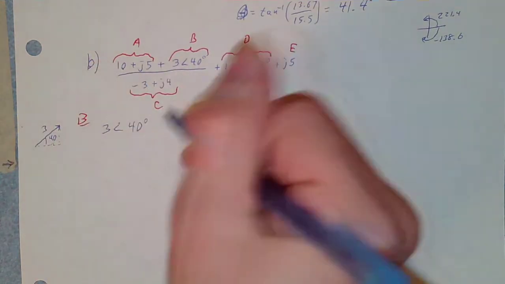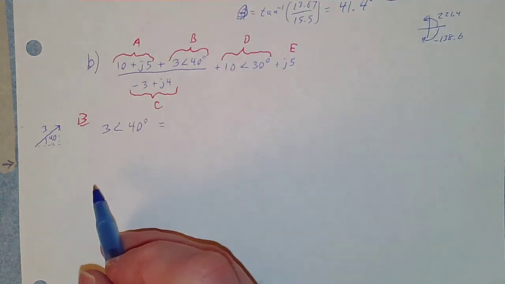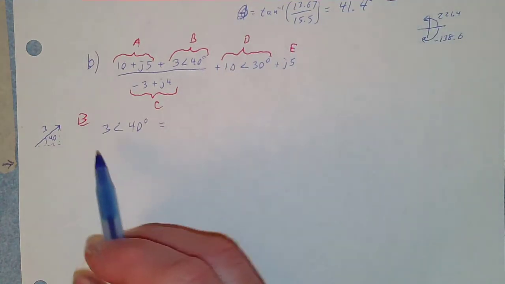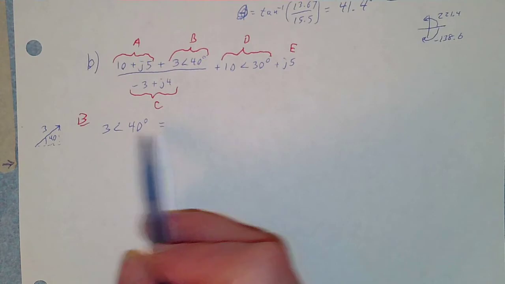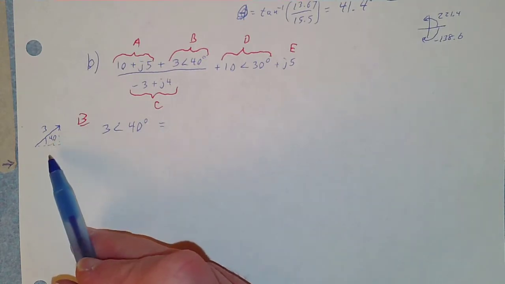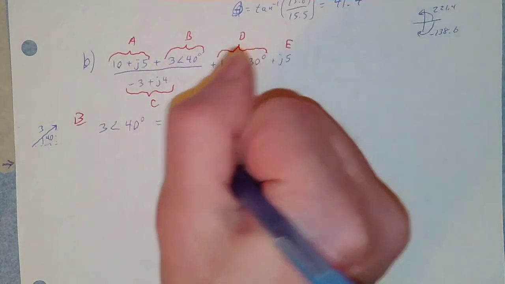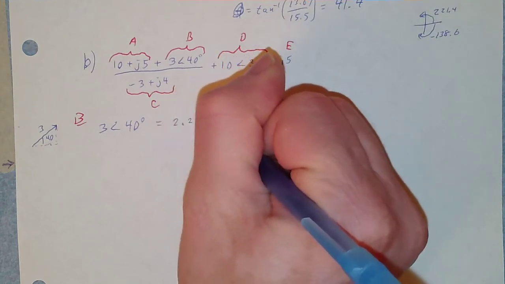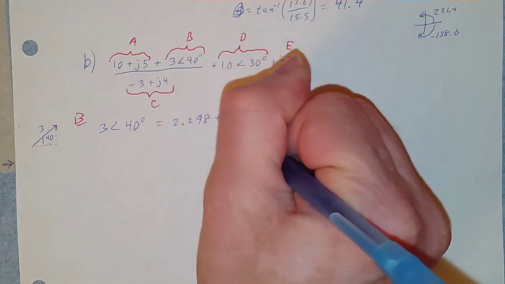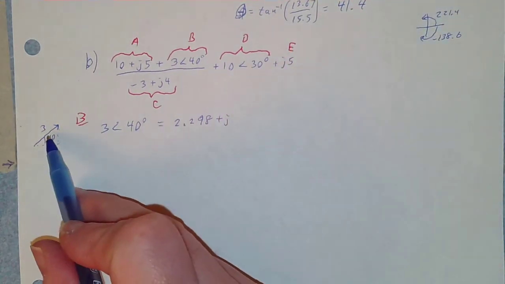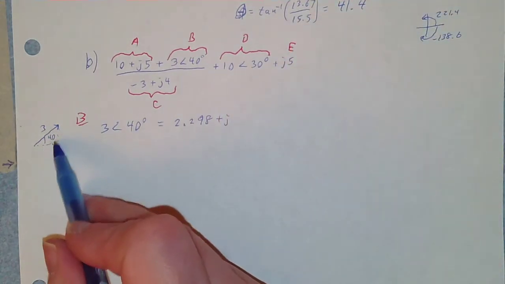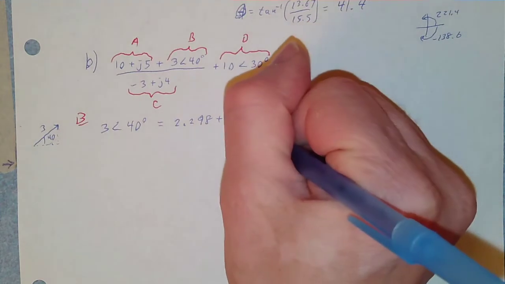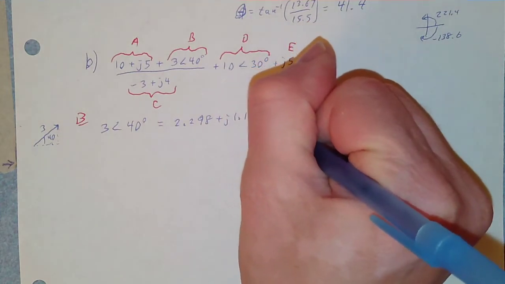For the x component, we're going to have 3 cosine 40, so we've got 2.298, plus j, which is going to be 3 sine 40, so we've got 1.1928.